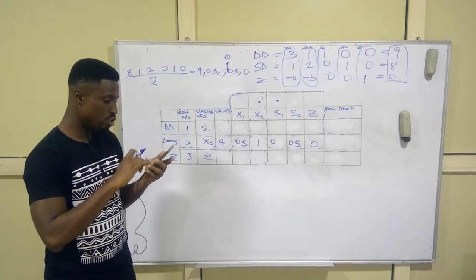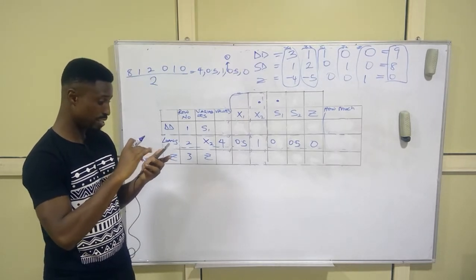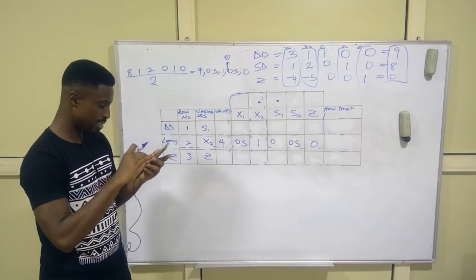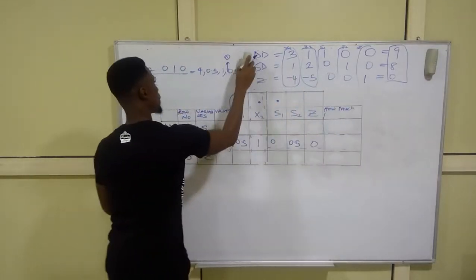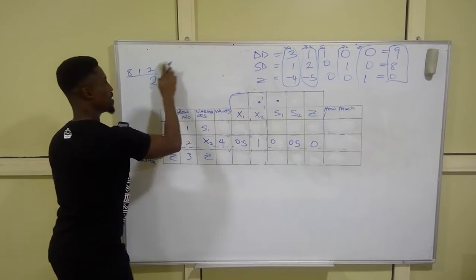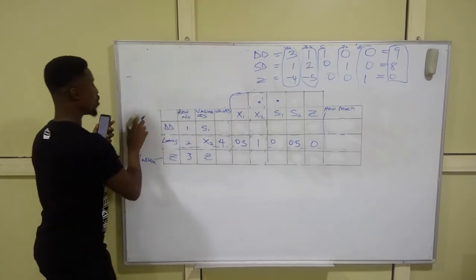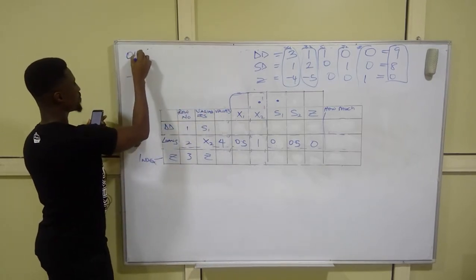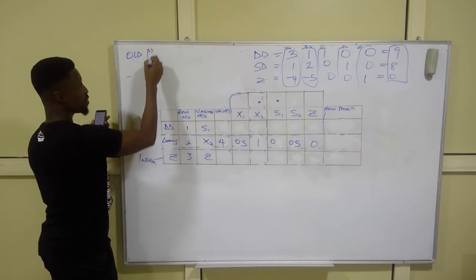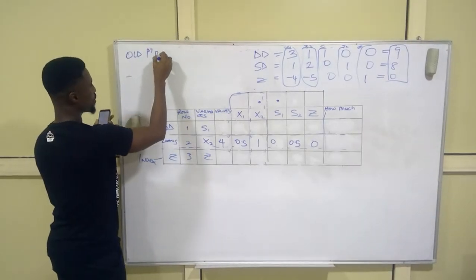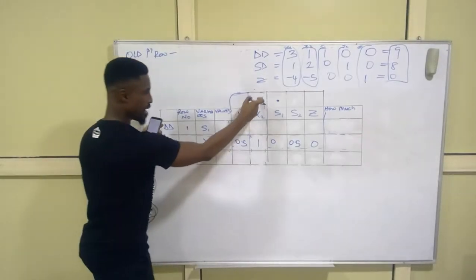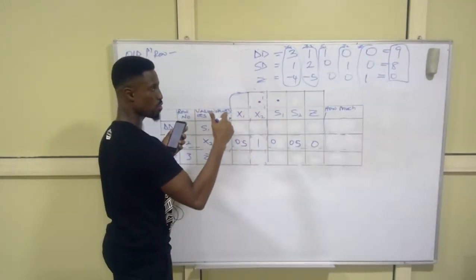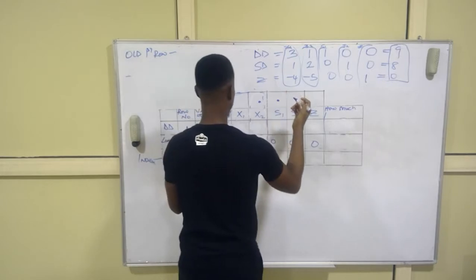Then for the new first row, the formula is usually different. I can wipe this off now. So the formula is your old first row, even though there's another method to this, but this is the safest method. The old first row minus whatever was on the pivot column in the last table. So you go back to your old table, and then our pivot column there was X2.